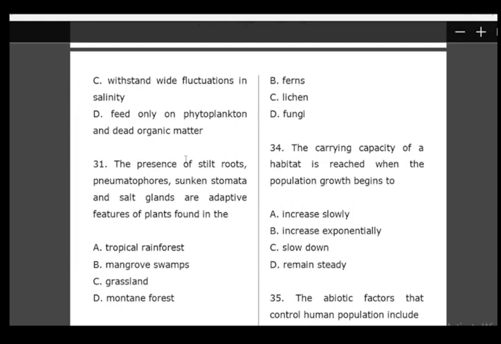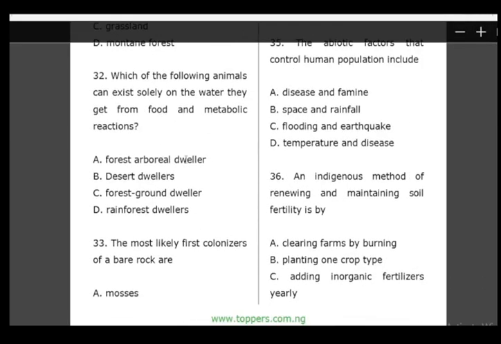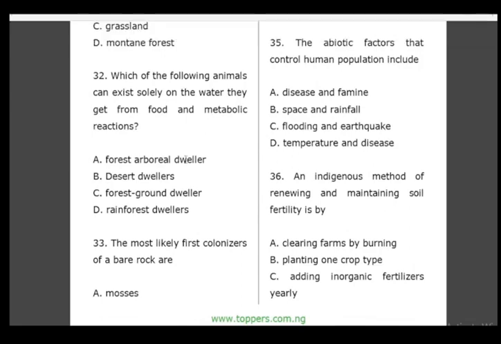Those are not actually classified as colonizers because they are not the first set of organisms found in an environment. They survive after some other organisms have colonized an environment. This topic comes from what we refer to as ecological succession. So we're looking at organisms that are able to start a particular colony, and in such we are looking at the primary colonizers.